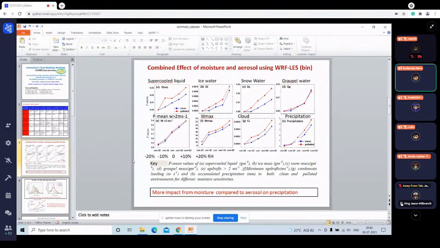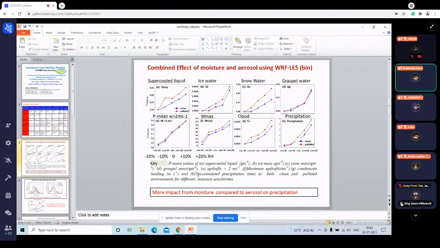The main point is that she varies the initial sounding, the moisture content of the environment, from -20 up to +20, so a total of 5 moisture conditions, and she ran the model with 2 different CCN, 100 and 3,000, I think, representing clean and polluted conditions.